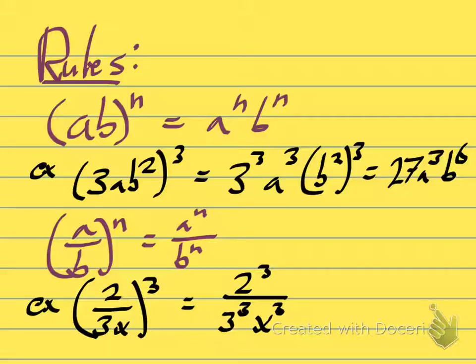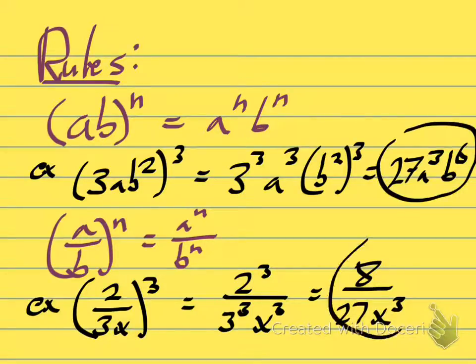Now, when it's a number raised to a power, as long as it's not a really large number, like if it was 7 to the 9th, we would probably use a calculator for that, but raising small numbers like 2 and 3 to the third power, multiplying 2 times itself 3 times, that is something we don't need a calculator for. So 2 to the third power is 8, and 3 to the third power is 27, and the x just stays x cubed. Okay, so these are my answers for those initial problems, and that is the rule.